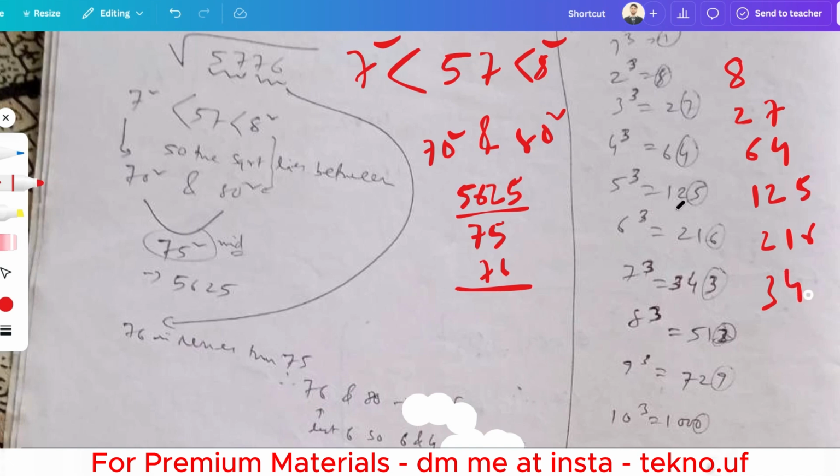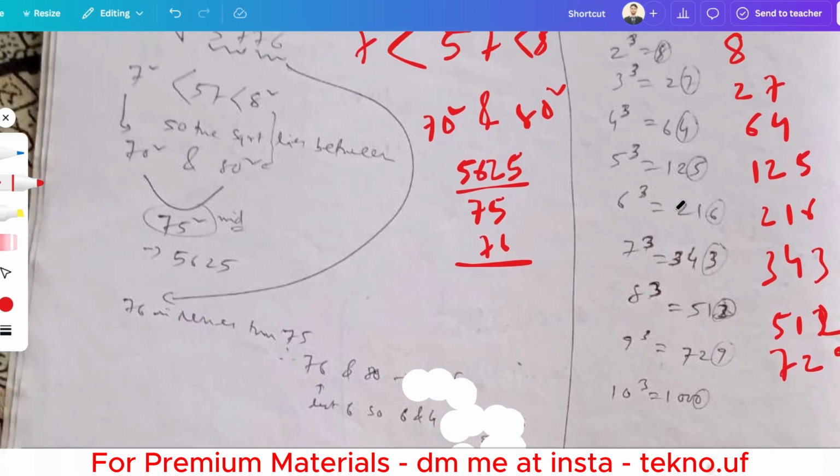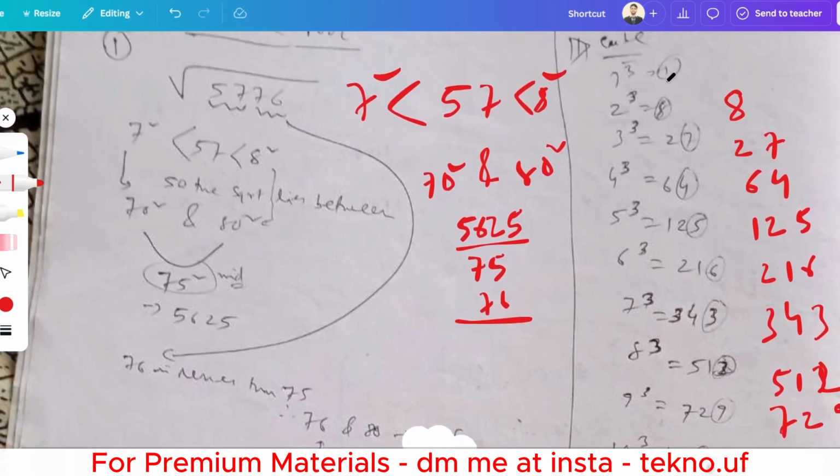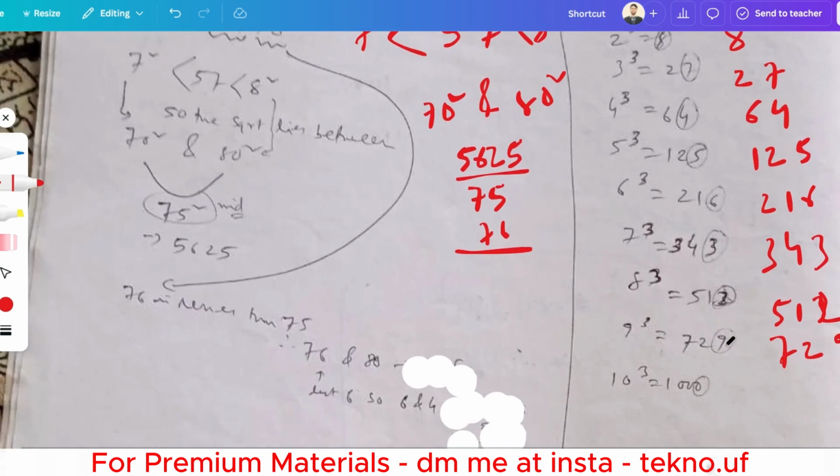And 8 cube is 512, and 9 cube is 729, and 10 cube is 1000. So just remember this pattern as well: 1, 8, 27, 64, 125, 216, 343, 512, 729, 1000.